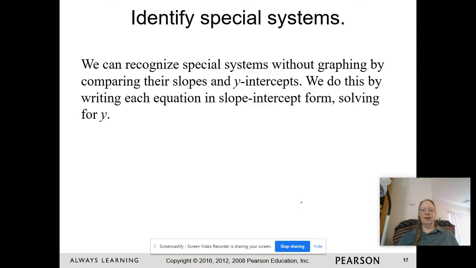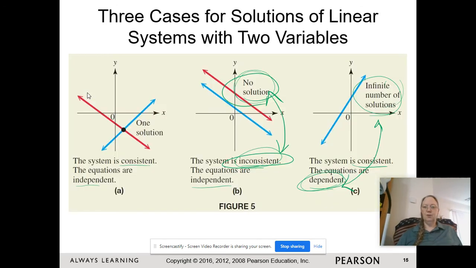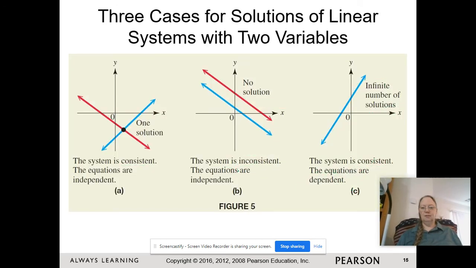All right, let's check to see how we can actually figure out which case we have without actually graphing it. I'm going to go back to this slide right here. Notice for this one, we're looking for special cases, no solution or infinitely many solutions.